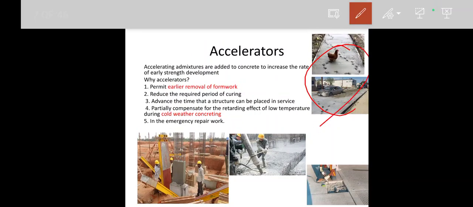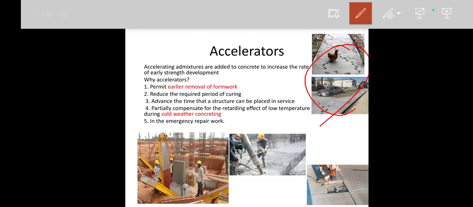When they lay the load, we can't provide a barricade or keep a watchman for the entire setting time of 10 hours. Once they lay it, some people will drive their vehicles or walk over it, and it will form some impressions. To prevent that, we can go for these accelerators.